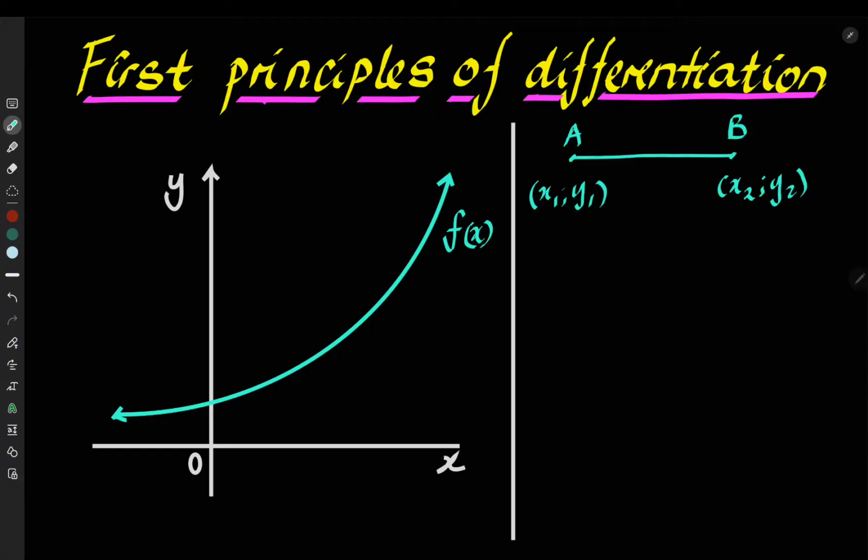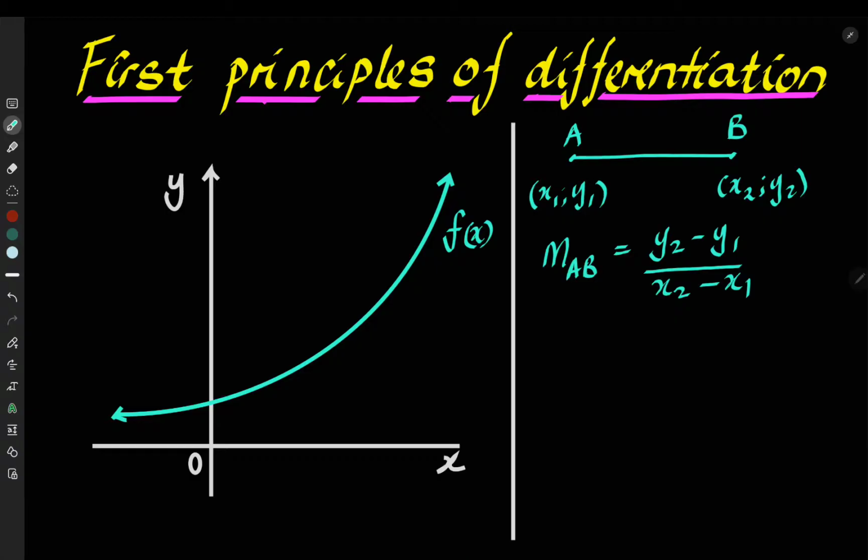You know very well that the gradient of the line AB, which is MAB, from your analytical geometry, will be equal to y2 minus y1 divided by x2 minus x1, which some people just say is the change in y over the change in x.